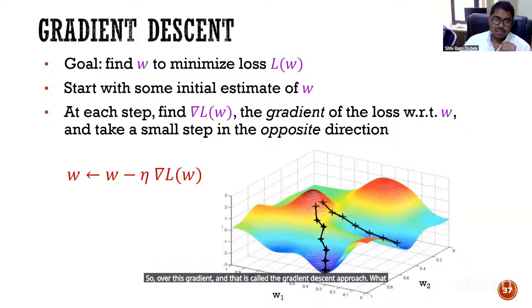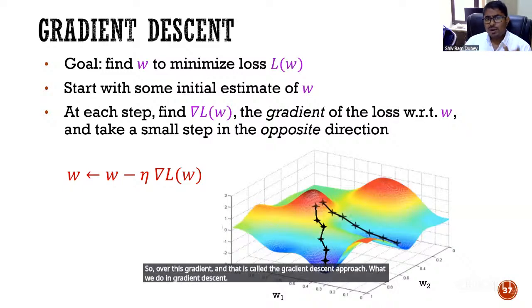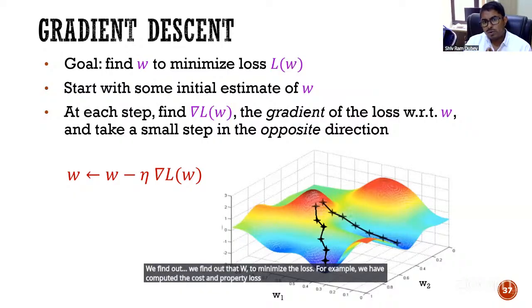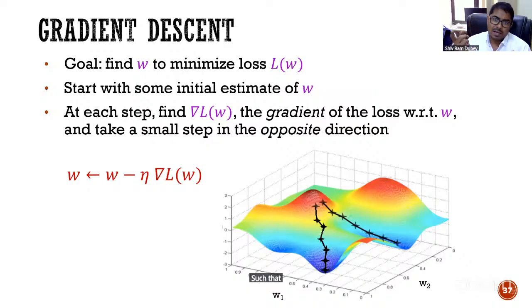So what is the gradient? That is called the gradient descent approach. In gradient descent, we find the W to minimize the loss. For example, we have computed the cross-entropy loss. We want to change the values of the W such that next time the loss should get decreased.